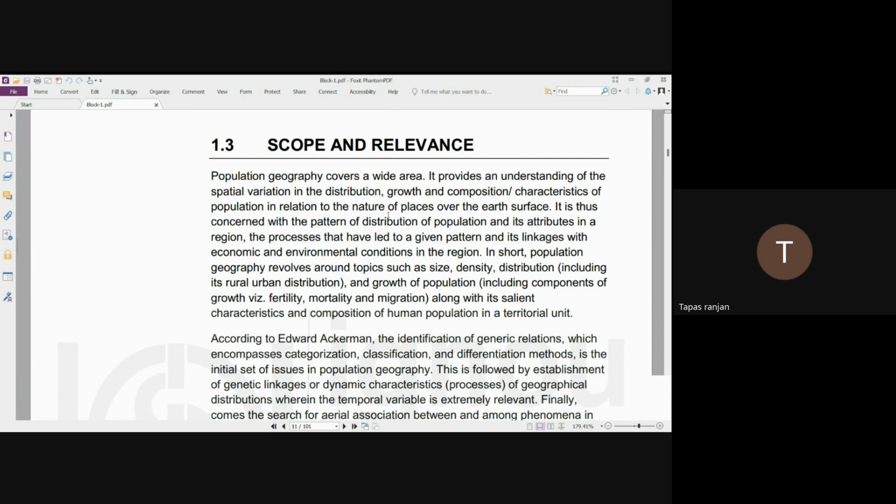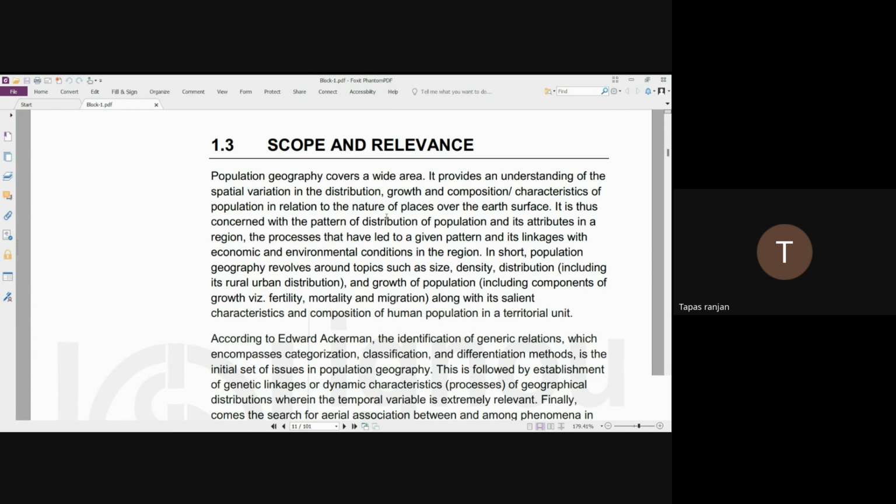If we don't have that data, if we don't understand the population dynamics, then we can't do that. Just like in China, because of high population, different population policies were introduced, such as the one child policy. That policy was introduced only after studying the population dynamics, or population geography. So this is the scope.